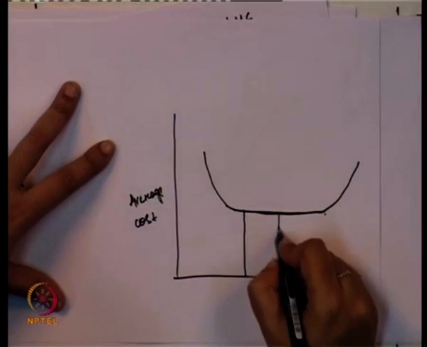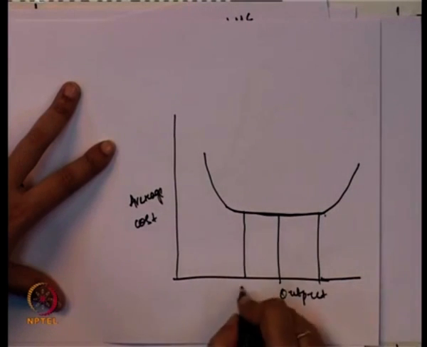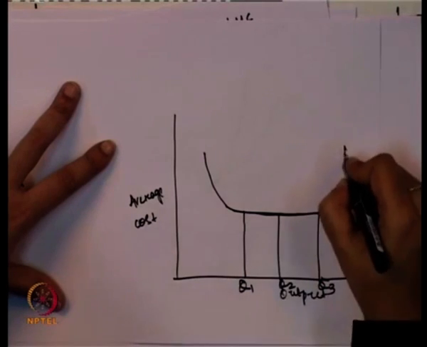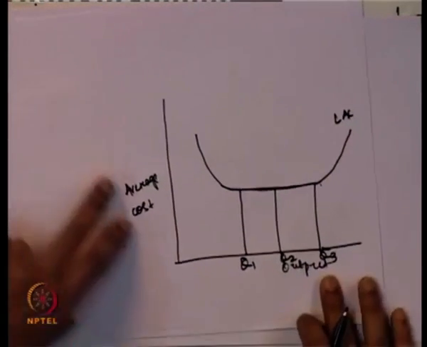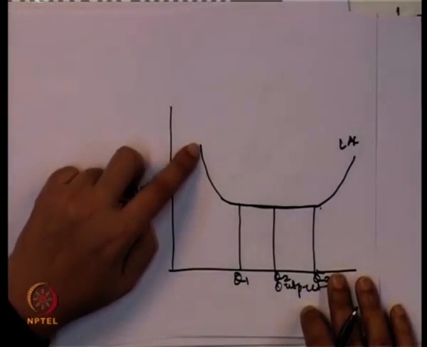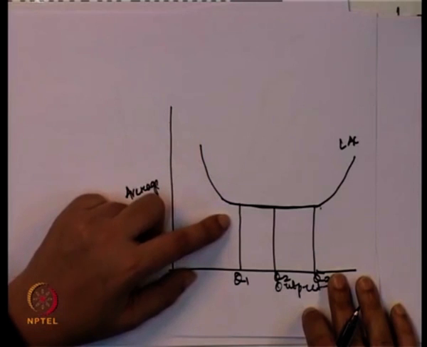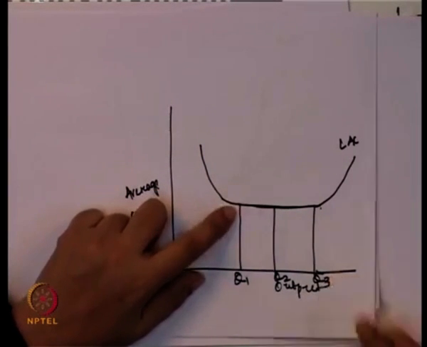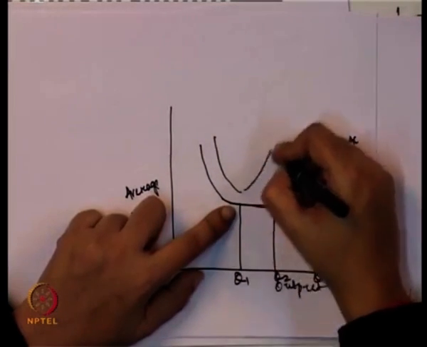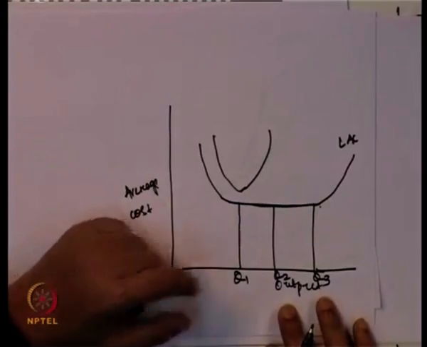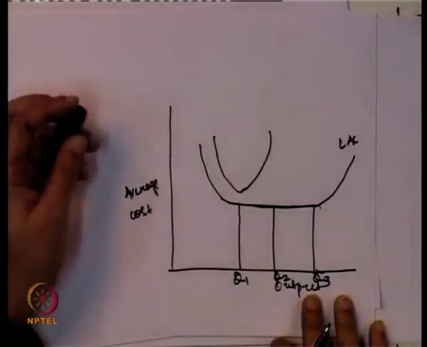Suppose this is Q1, this is Q2, this is Q3, and this is the long run average cost curve. Economies of scale have been achieved up to this point because the cost of production is decreasing, and this should be the minimum point, and ideally after this point it should follow an increasing trend, which is the normal shape of the long run average cost curve.